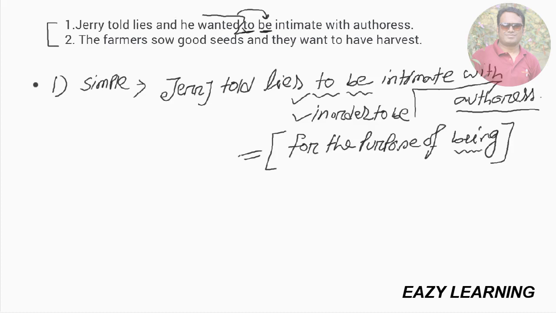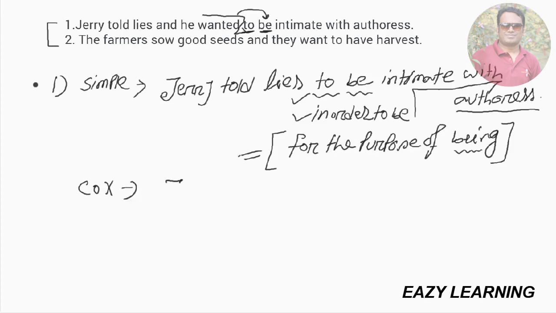It is a compound sentence, but when I change it to a simple sentence, Jerry told lies to be intimate with authors, I have done it according to the previous structures. When I do a complex sentence, how will I do that?